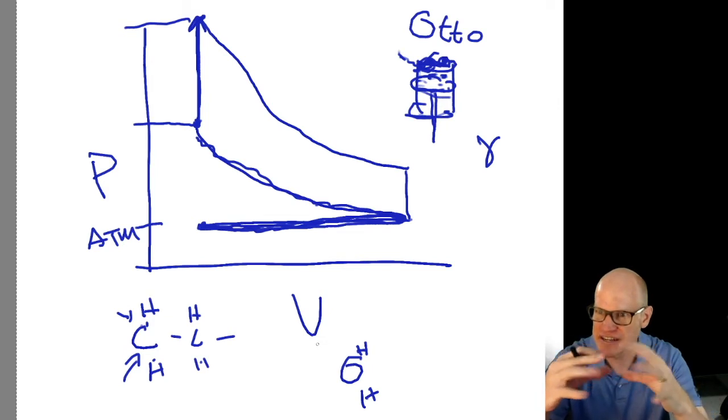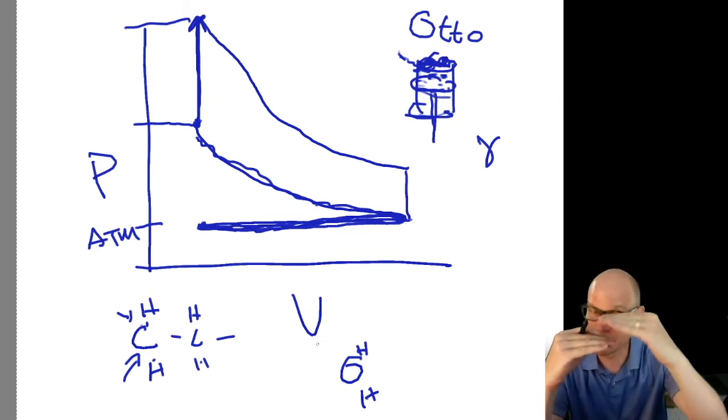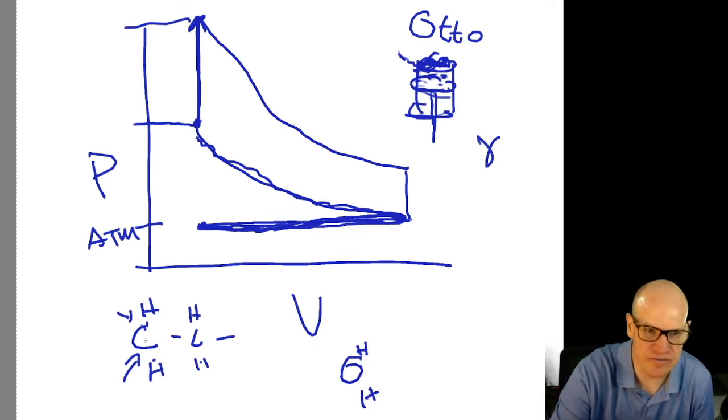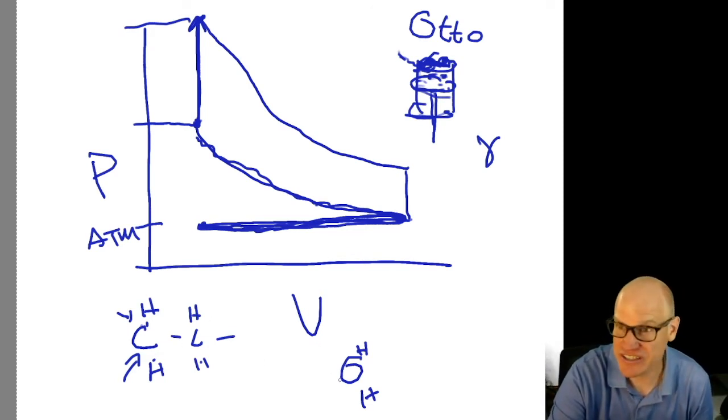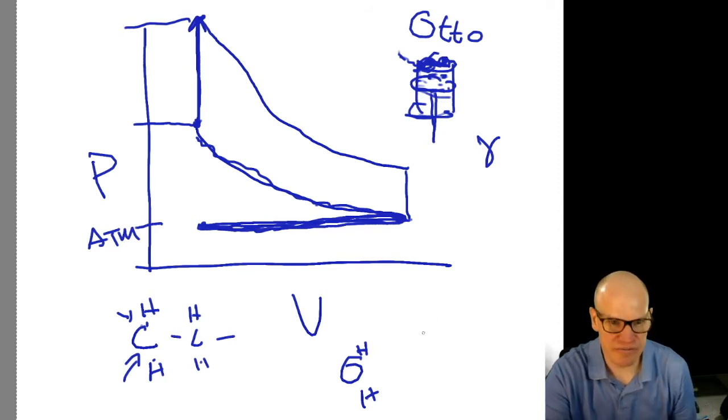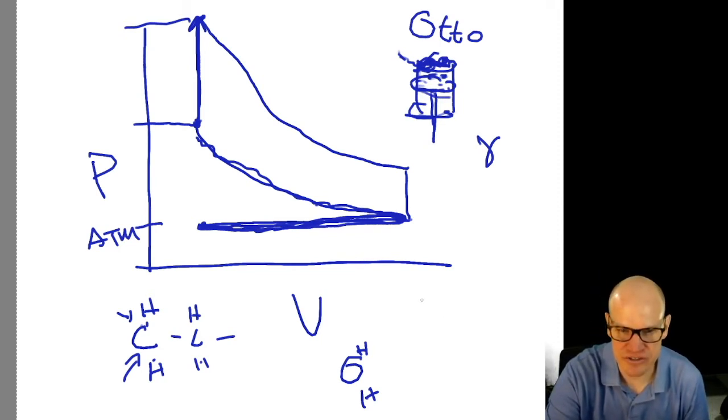It's going to increase the kinetic energy of the particles, which are then going to drive the piston. So this replacement of the hydrocarbon bonds with oxygen and hydrogen bonds is where the energy comes from. So basically, if we were to look at the bonding structure, you would have something that looks like this. So you have a carbon-hydrogen bond here, and you'll have an oxygen-hydrogen bond here.